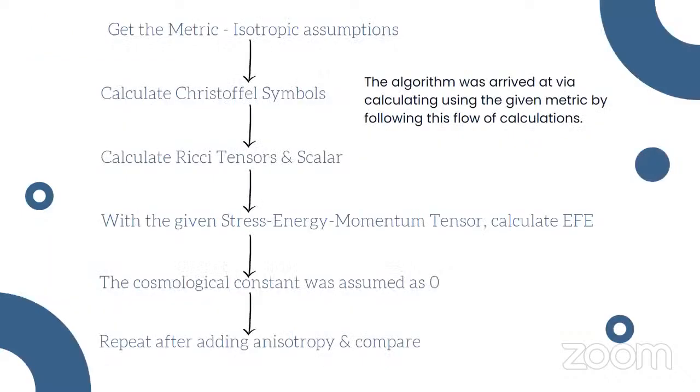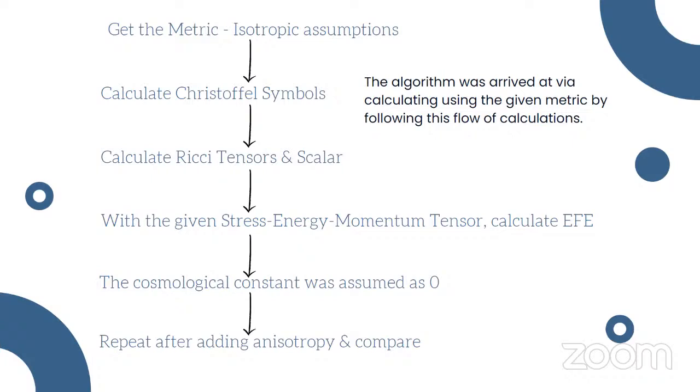So we had an isotropic metric, a line element for a spherically symmetric space-time, a bit similar to what the Schwarzschild solution was already given. That was an assumption.